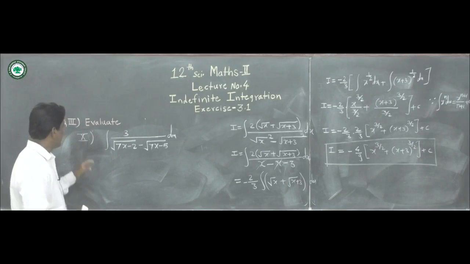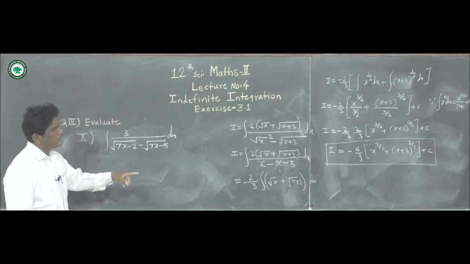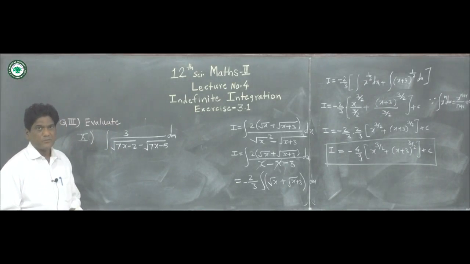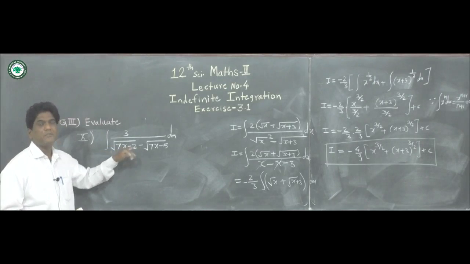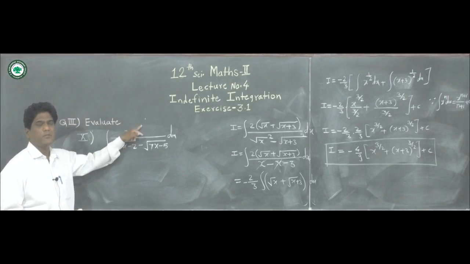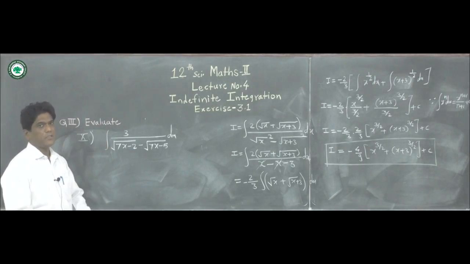We have seen the 9th problem. We use the same procedure we have just seen in the 9th problem. We rationalize this denominator, meaning take the conjugate of the denominator and multiply to numerator and denominator.